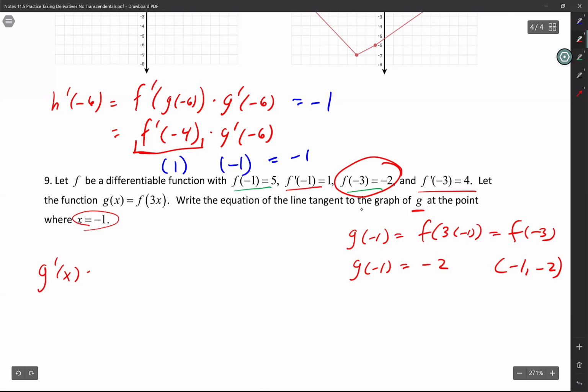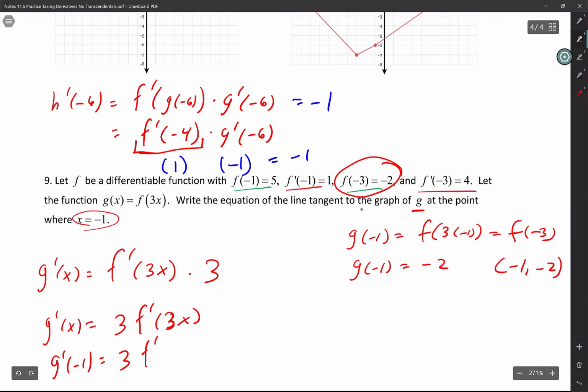g prime of x equals derivative of the outside, leave the inside alone, times 3. Did we get to there? So now, g prime of x equals 3 f prime of 3x. And we're just going to plug in. g prime of negative 1 equals 3 f prime of 3 times negative 1.